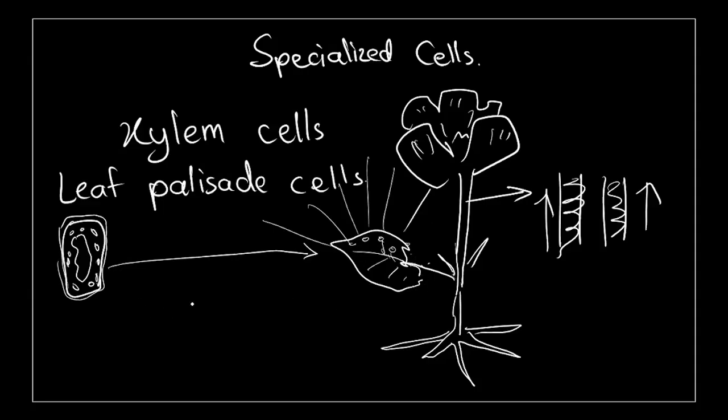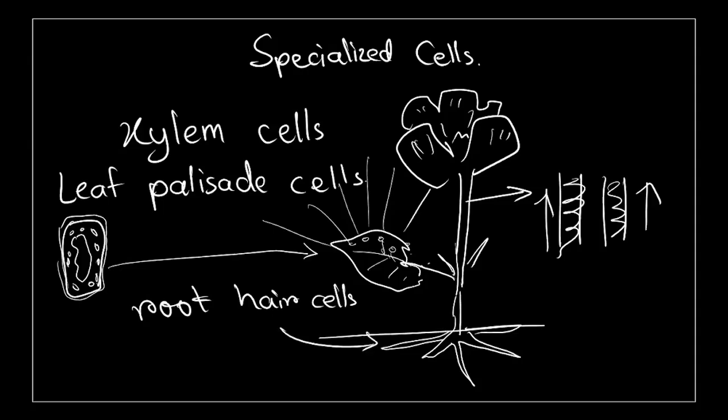And finally, let's know about the root hair cells. And guess where they are? Root hair cells, of course, in the root, right? They are something like this, I would say. They're long and thin, so they can absorb water properly from the soil.